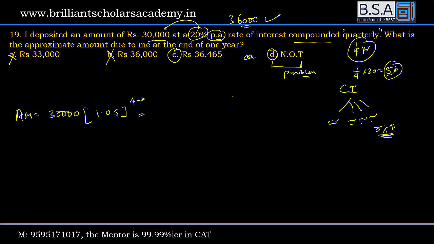If there was any other value smaller than that or near that, I would have cancelled it. So use a calculator, nothing wrong with it. Get an answer out of this. We have discussed this, yes, that breaking a larger scheme generates extra interest. So it is roughly 36,465 rupees and some paisa.